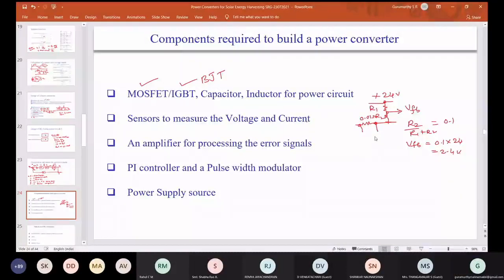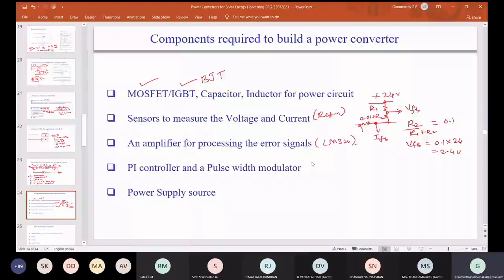Then amplifier, this is actually resistors. Amplifiers, you can have some LM324. There are several ICs available. Then PI controller and pulse width modulator. Now you can have a 555 timer.